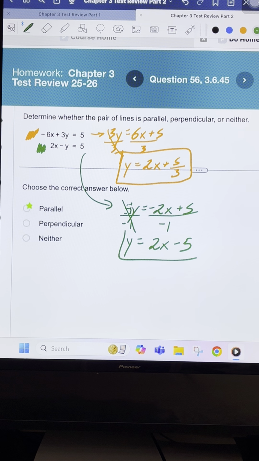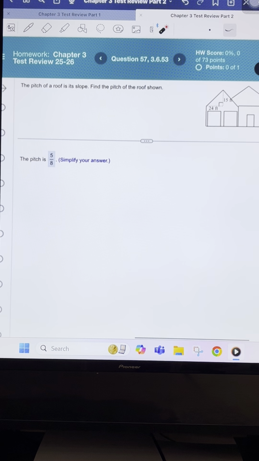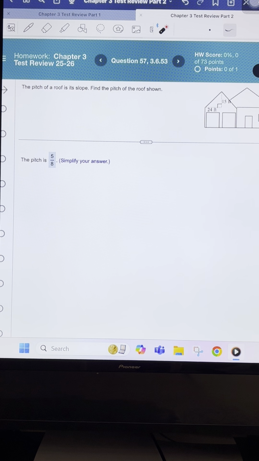So that goes away. Divide everything here by negative 1, so my y is equal to 2x minus 5. Now, these two equations have the same slope and different y-intercepts, so we can't say that they are parallel.